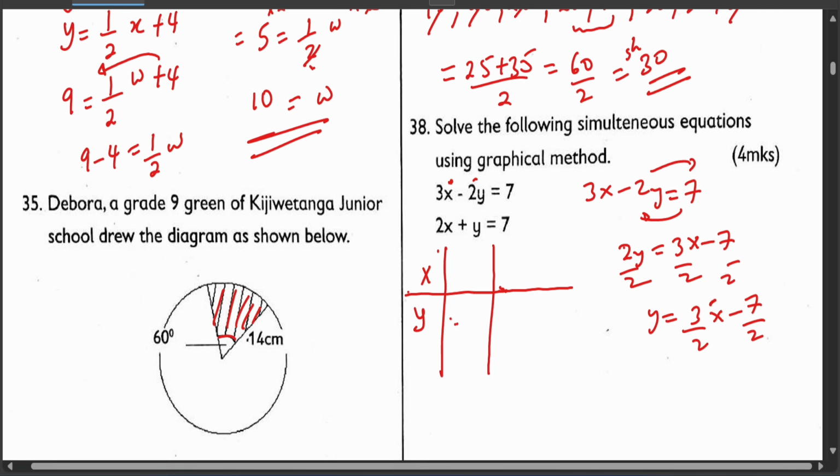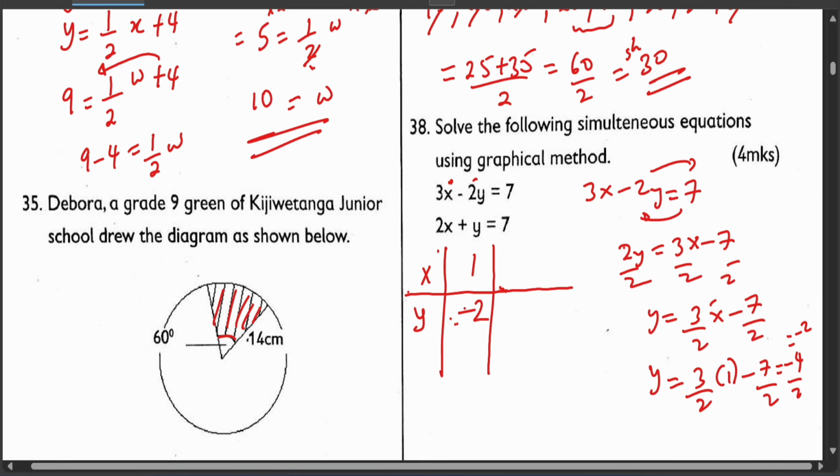Now it's easy. If our x value is 1, I put 1 here, minus 7 over 2. So 3 over 2 minus 7 over 2 is negative 4 over 2, which is negative 2. So if x is 1, y is negative 2.